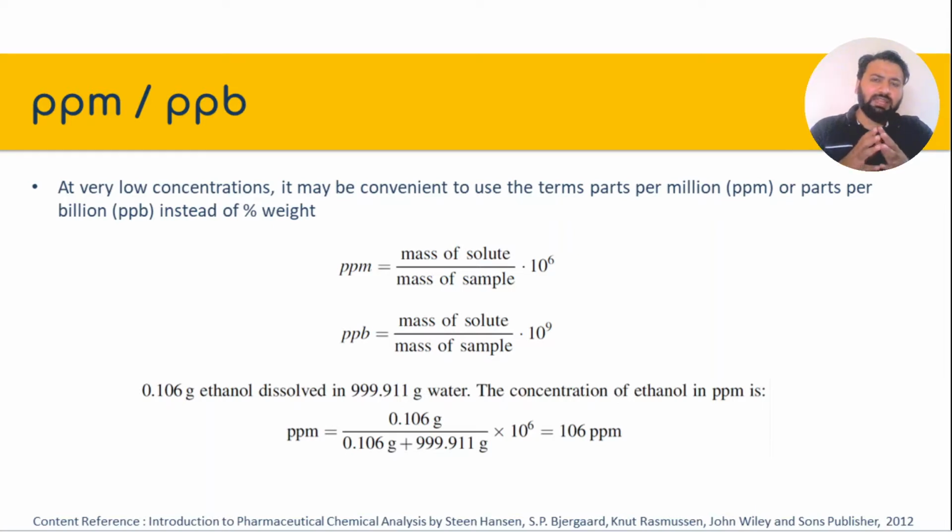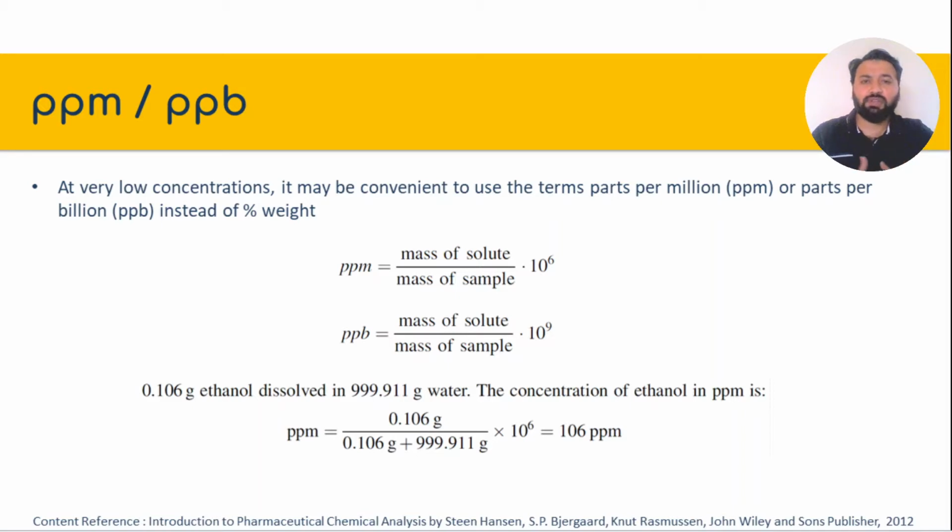Actually, for the analysis of pharmaceutical raw material and preparations, the analyte concentration must be relatively high, and it is normally expressed in milligram per ml.